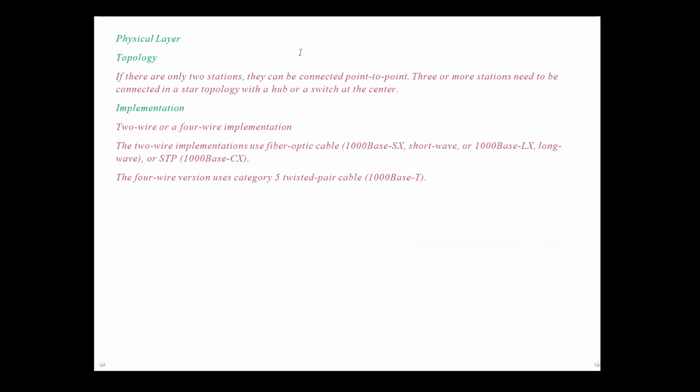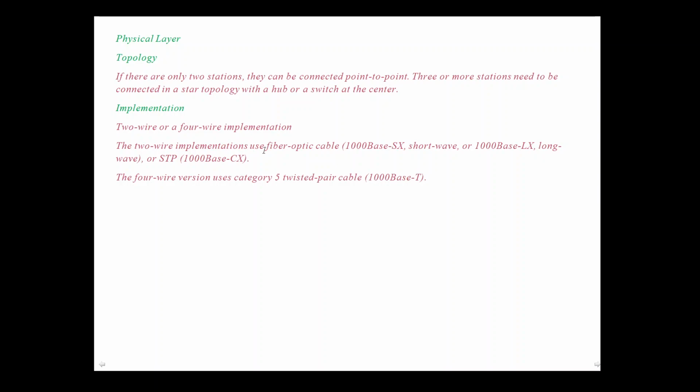Physical layer topology: if there are only two stations, there will be a point to point topology. If there are more than two stations, then it will be a star topology, and we are going to use a hub or switch at the center. Coming to the implementation part, we are going to use two wire or four wire implementation.